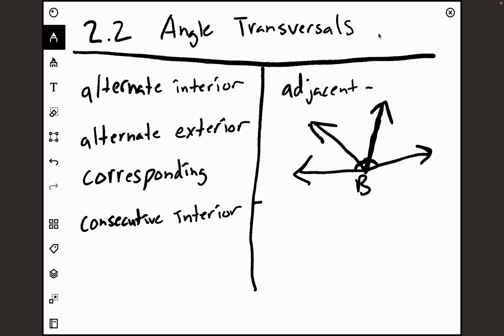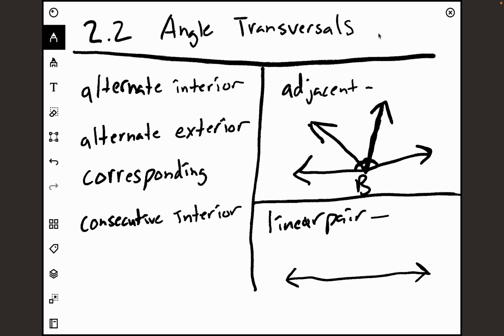Okay, what about linear pair? Because you'll see we'll talk about linear pair a little bit too. What made two angles a linear pair? Close. Two adjacent angles, and what value do the angles equal? 180. Whenever we have a linear pair, they're two adjacent angles that add up to equal 180.